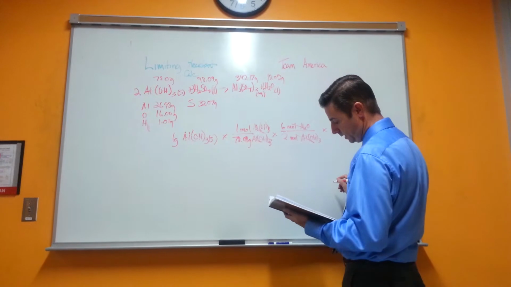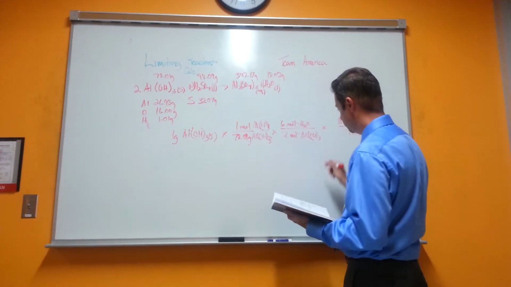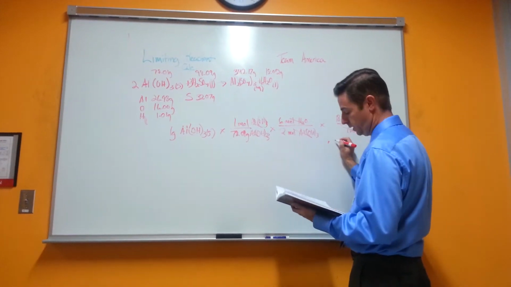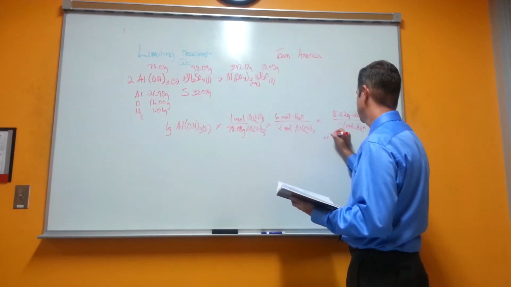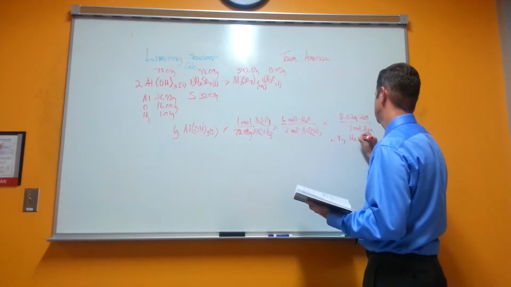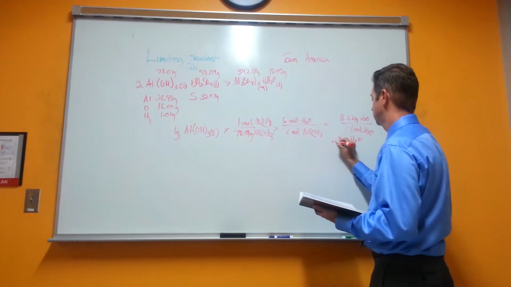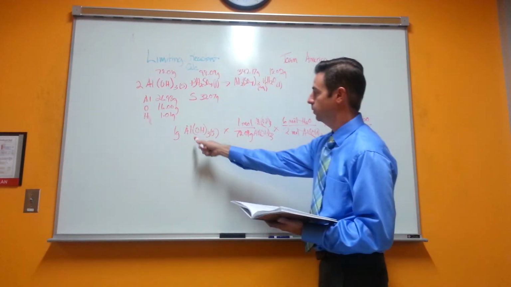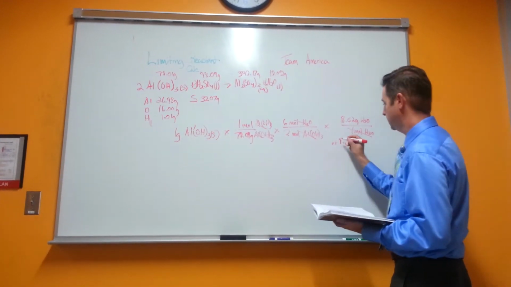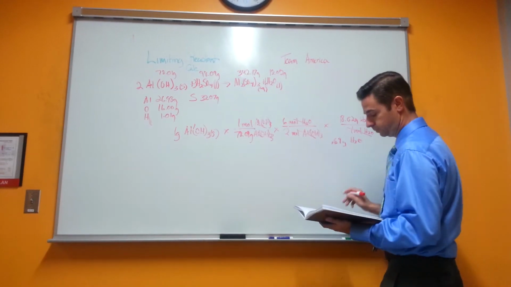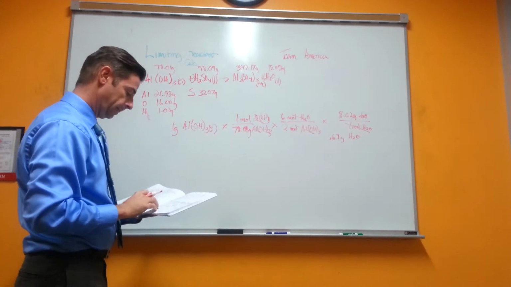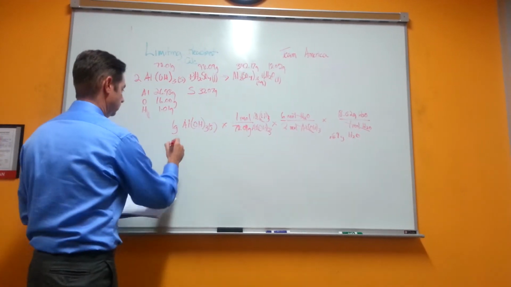All that, bringing it all together, the answer is the amount of water that it'll produce, which is 0.69 grams of H2O, right? So we know that we started with 1 gram of AlOH3, which produces 0.69 grams of H2O.